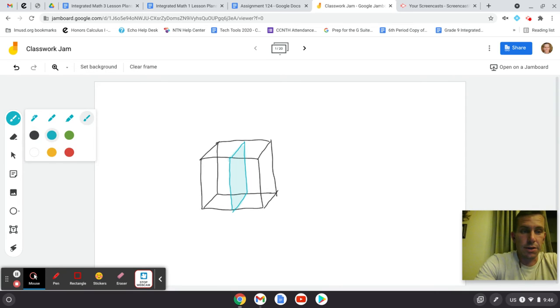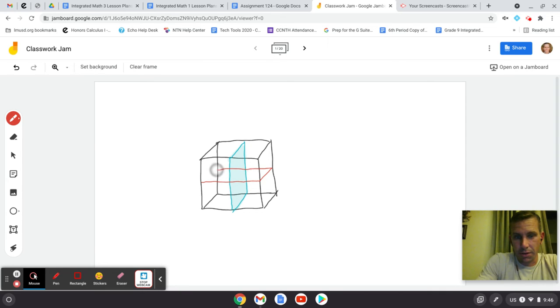Here is another plane, reflection plane in this cube. So if we look at the part above this plane and below this plane, they're exactly the same.